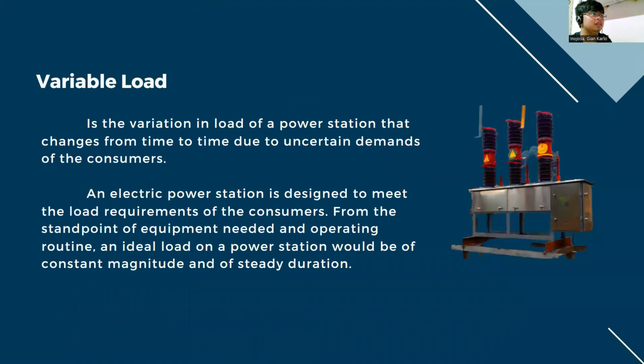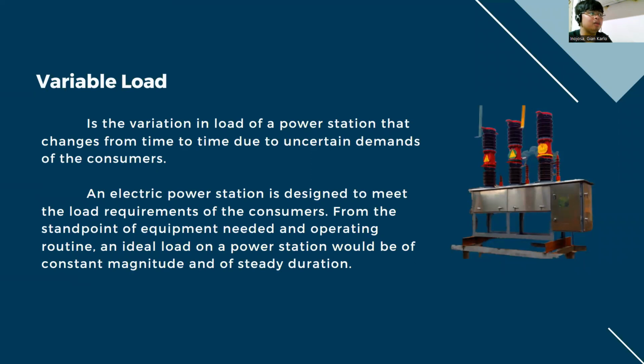Next slide, please. So, the variable load is the variation in load of power stations that need changes from time to time due to uncertain demands of the customers. An electric power station is designed to meet the load requirements of the consumers. From the standpoint of equipment needed and operating routine, an ideal load on a power station would be of constant magnitude and steady duration.